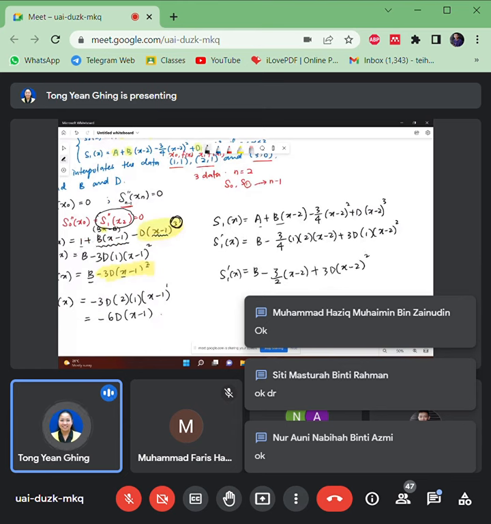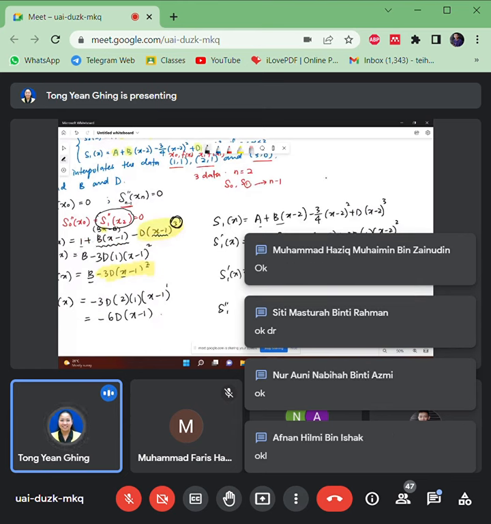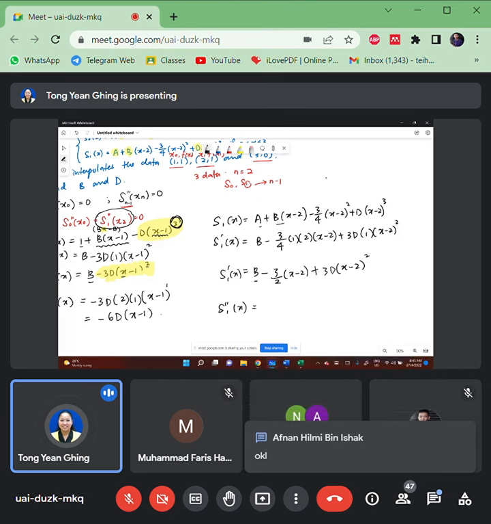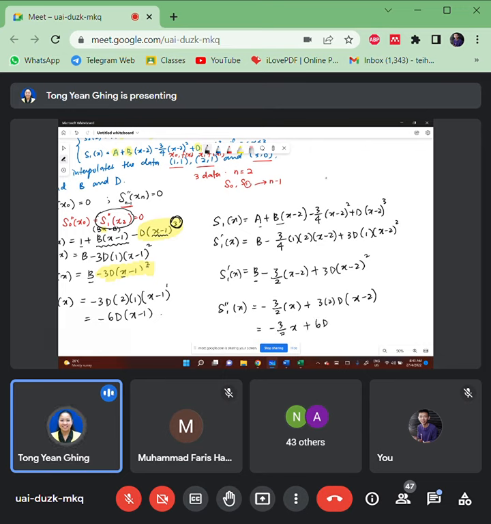Okay, now we do the second derivative of S1. B, we no need to do because there is no x there. Negative 3 over 2 x. Plus, now is 3 times 2D times with x minus 2. That means negative 3 over 2 x plus with 6D x minus 2.